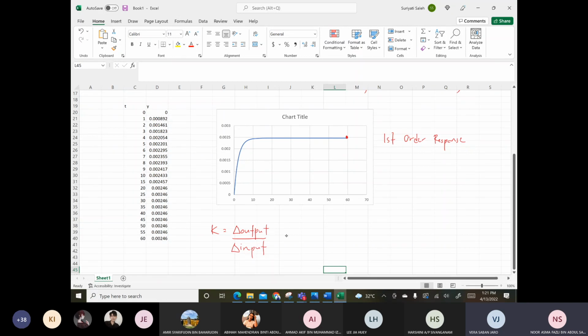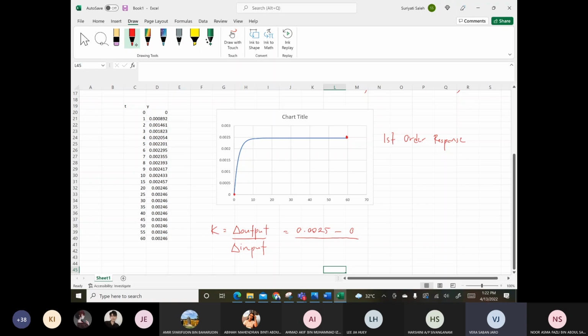So this means 0.0025 minus the initial will be 0. So 0. And then here the delta input. So the delta input normally in this case is referring to the magnitude.